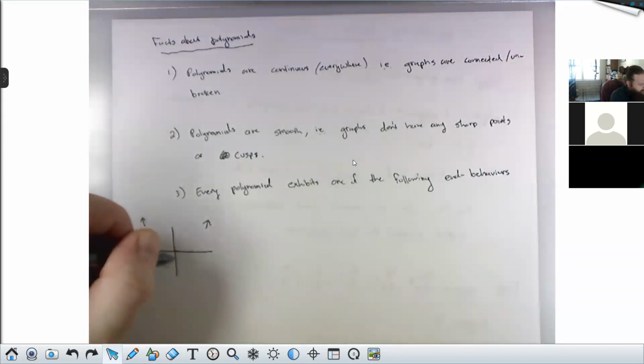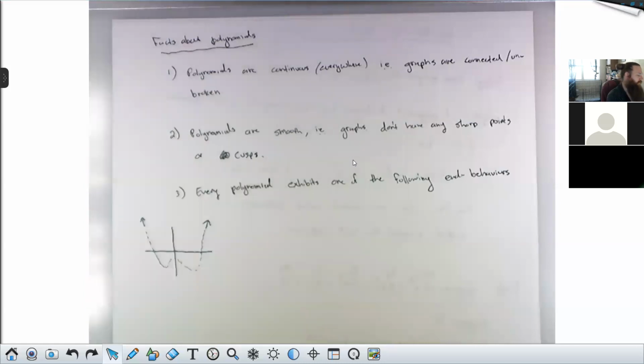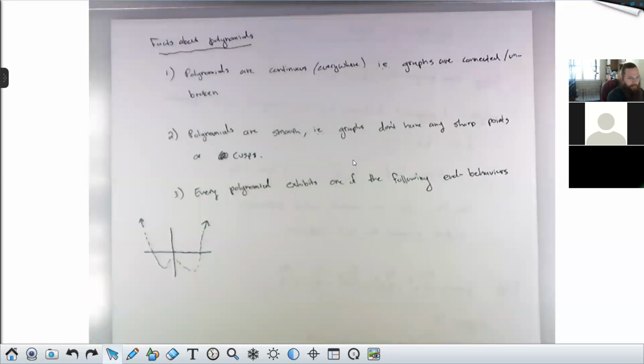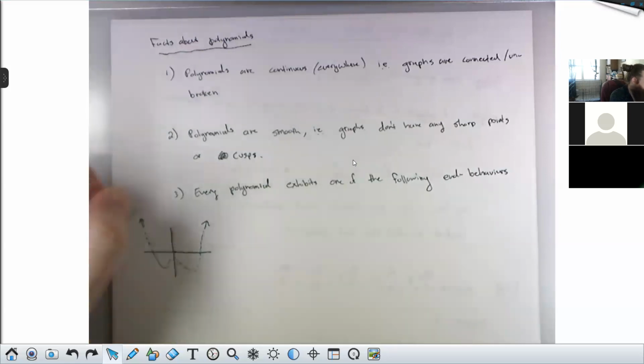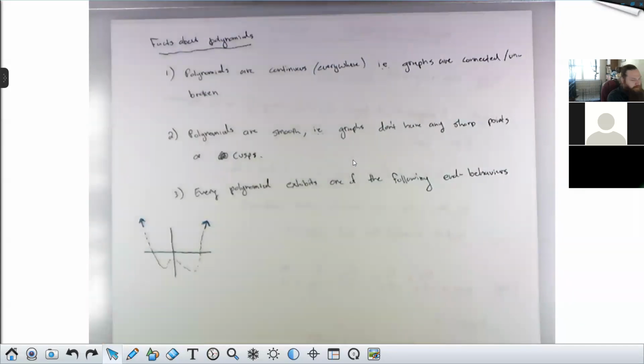But not just x squared, there's lots of things that could exhibit end behavior like that. So when we talk about end behavior, we're just talking about these arrows. I don't care about what goes on in between. That's why I've drawn that as dashed. Just talking about the arrows.